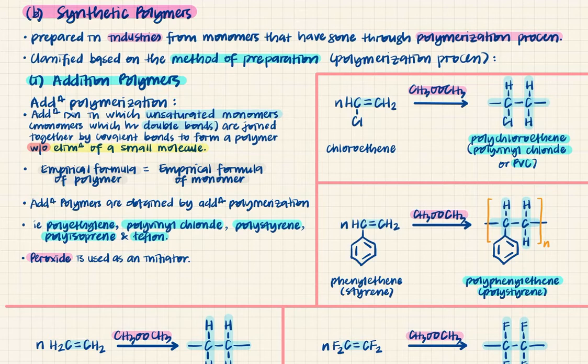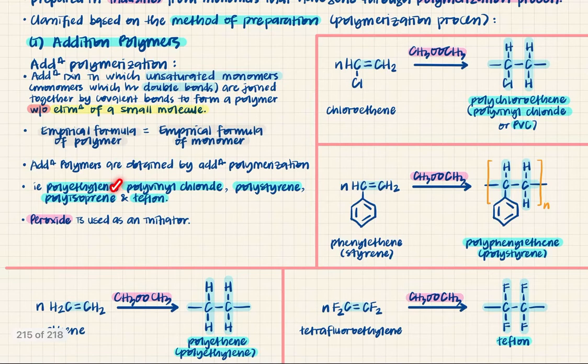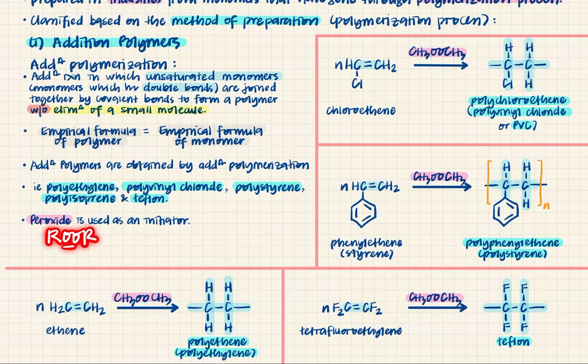Okay, so the examples are these that I highlighted in blue: polyethylene, polyvinyl chloride, PVC, polystyrene, polyisoprene, and Teflon. Okay, another hint for addition polymers is that you will use peroxide. Do you remember what peroxide is? It means you have ROOR, with two O's. Okay, these are the examples.